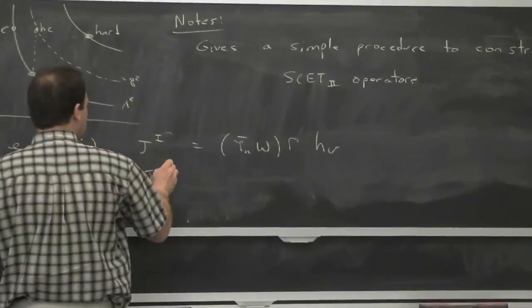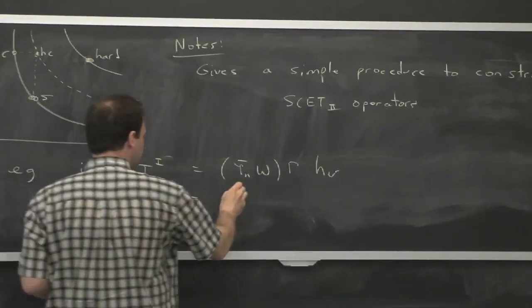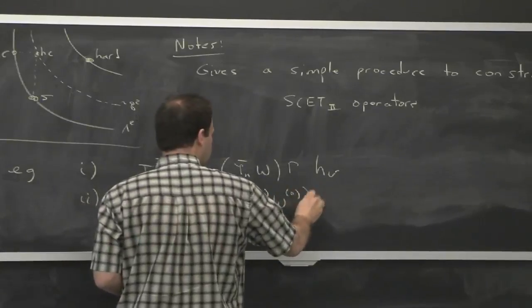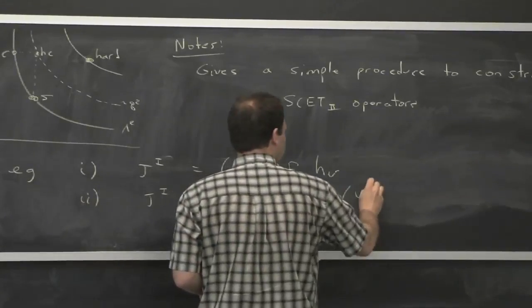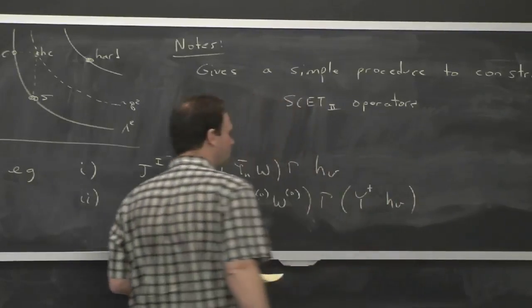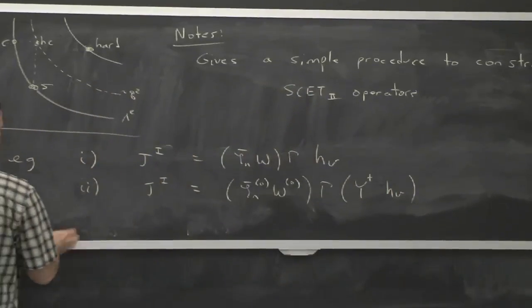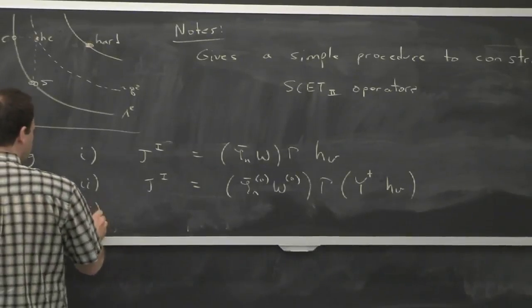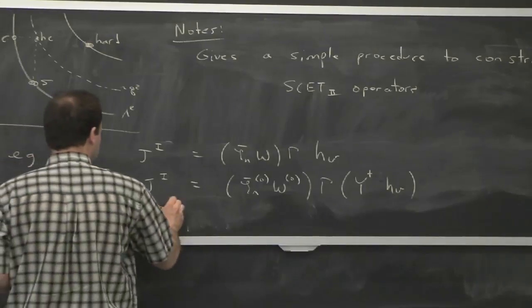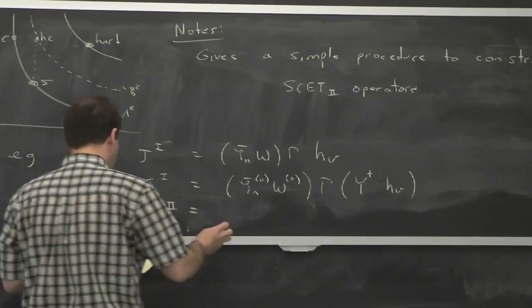Then in step 2, we would do the field redefinition in order to factorize this theory. And we get that result. And in step 3, in order to match this result onto a current in SCET2, it's really simply a renaming here.